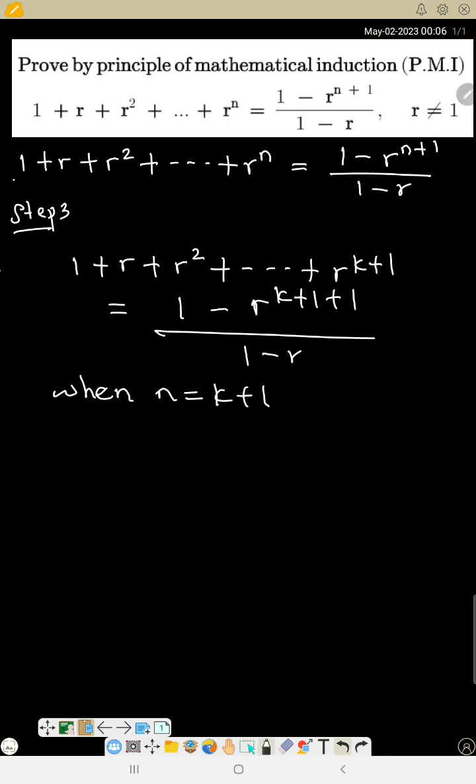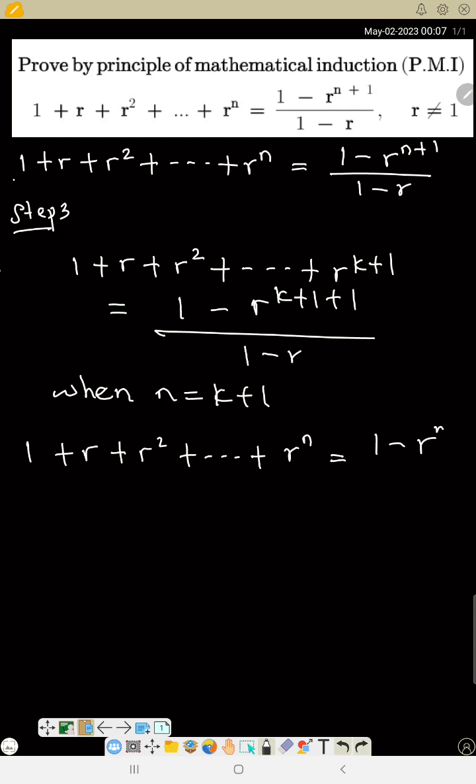So when n is k plus 1, we have 1 plus r square plus r raised to power n, that is this k plus 1, will be equal to 1 minus r raised to power, so this is k plus 1 here, it will be n.